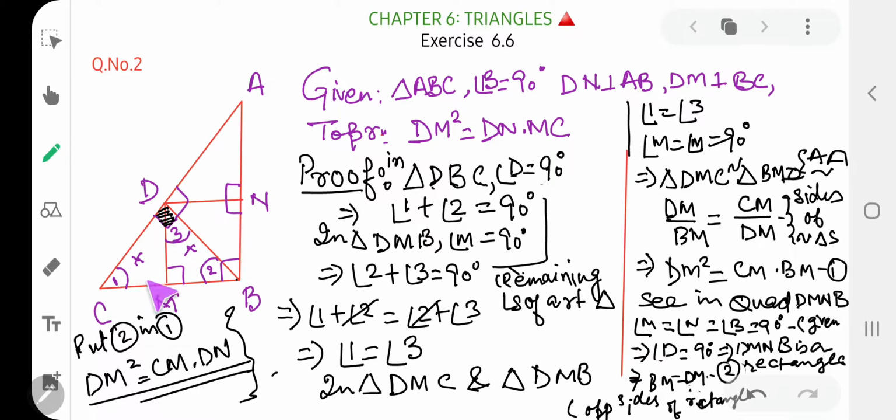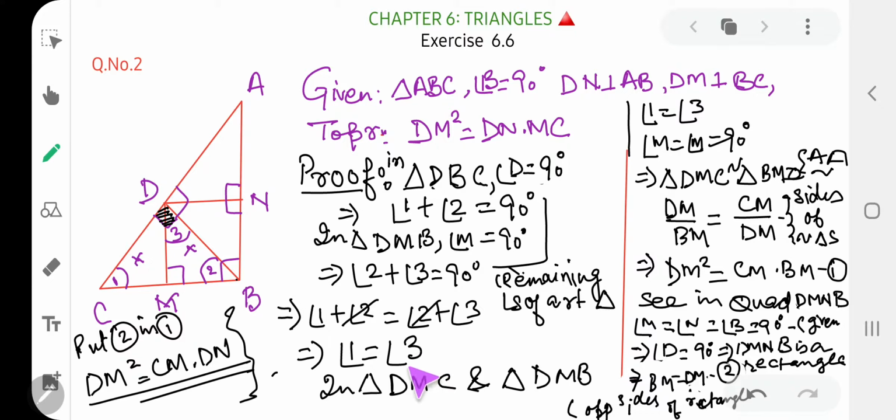Similarly, in triangle DMB, angle M is 90 degree, therefore angle 2 and angle 3, their sum will be 90 degree. So 1 plus 2 is 90, as well as 2 plus 3 is 90. Therefore, both are equal. Cancelling 2 with 2, you will get angle 1 is equal to angle 3.